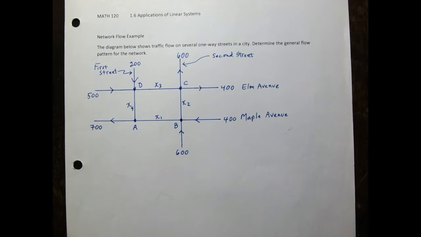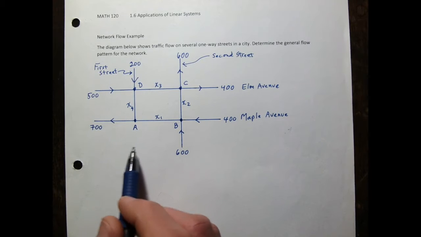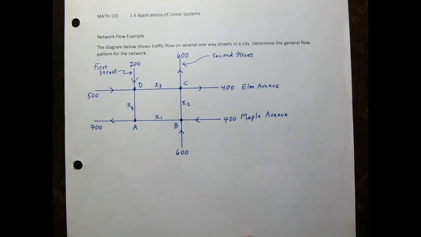Now, real examples of network flow will involve a much more complicated system. It could be a map with hundreds of streets on it and hundreds of possible values to be determined, and this would be a huge system that would be solved by computer.